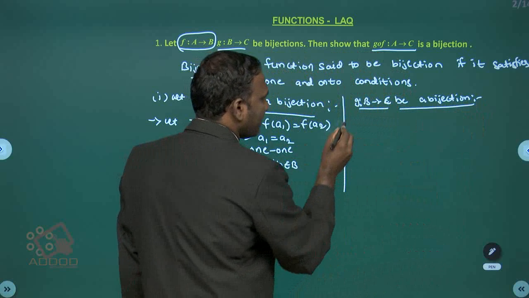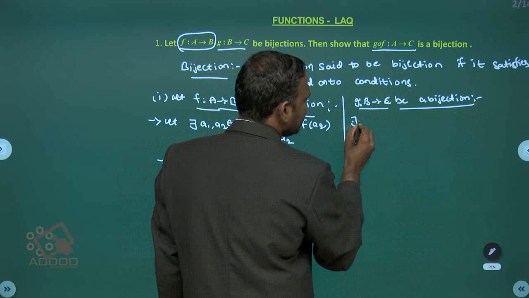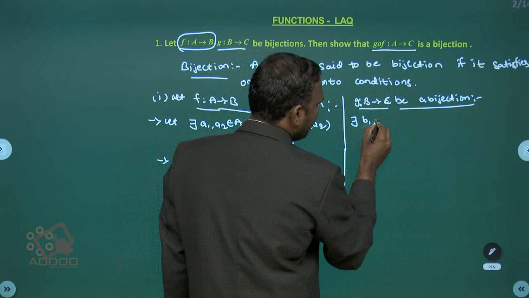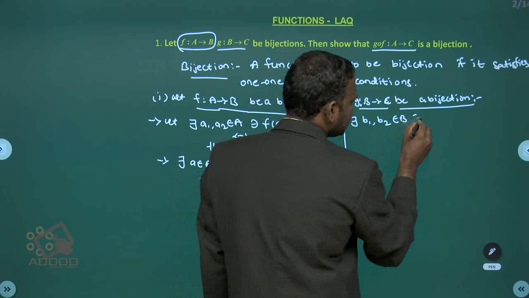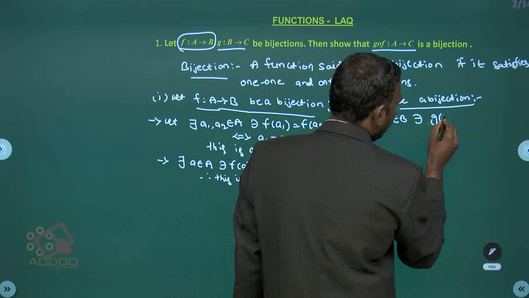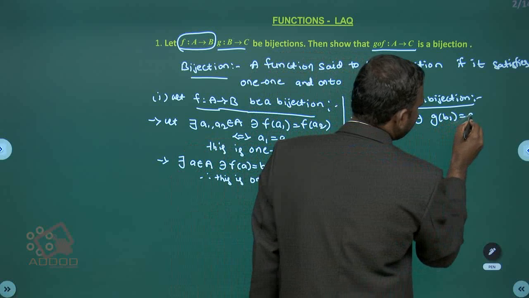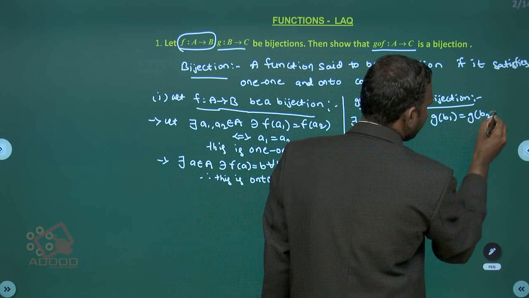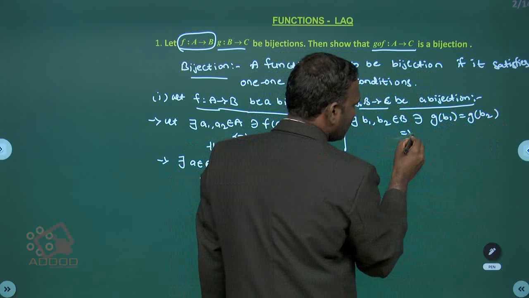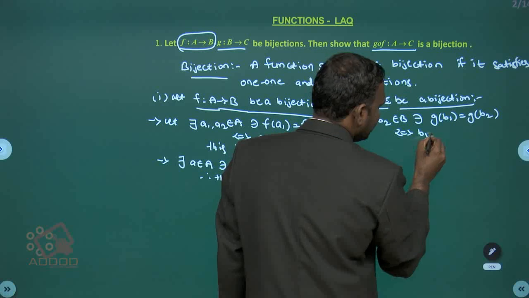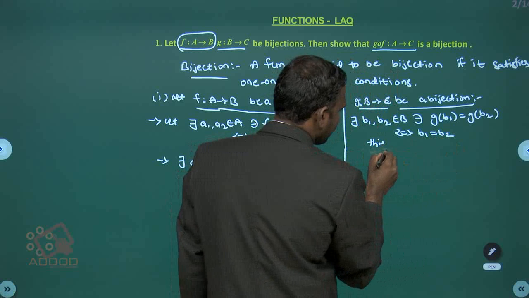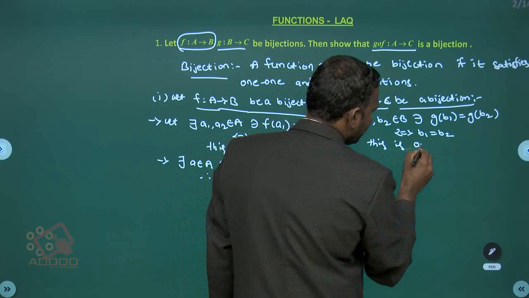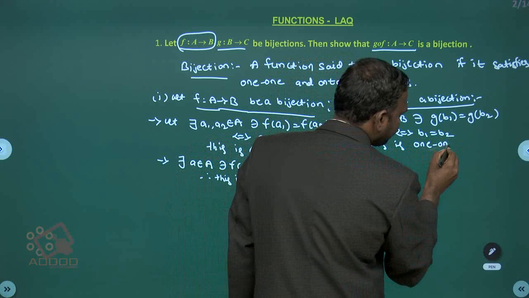First point: there exist b1, b2 belonging to B such that g(b1) = g(b2) if and only if b1 = b2. This is one-one.